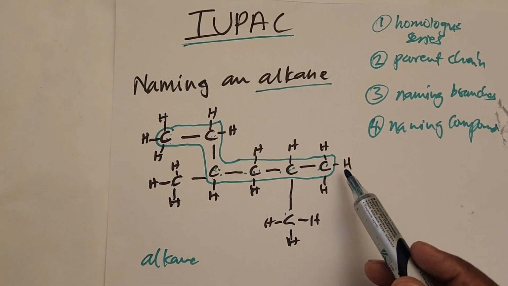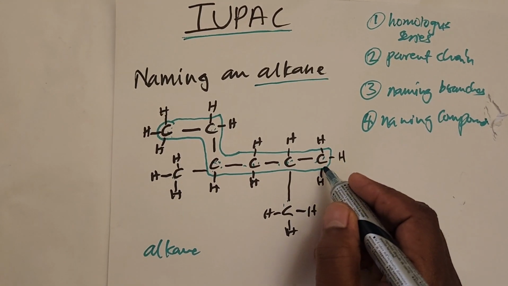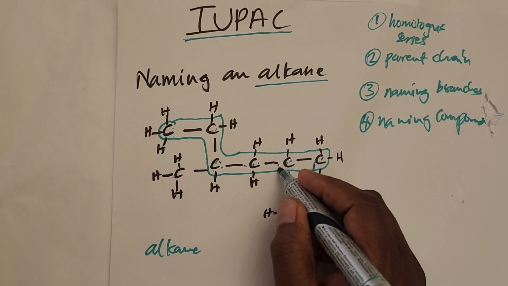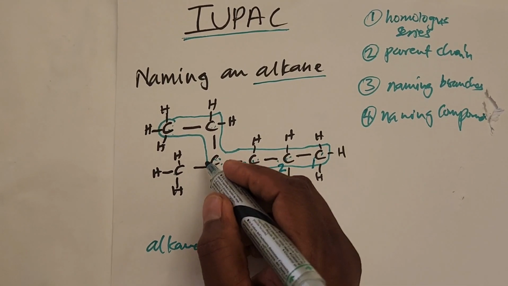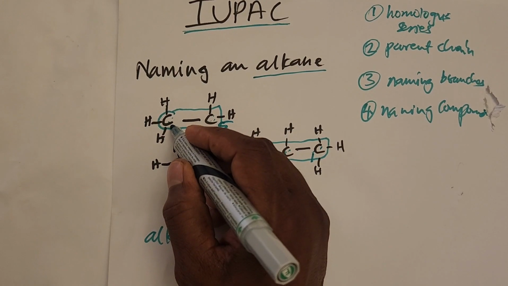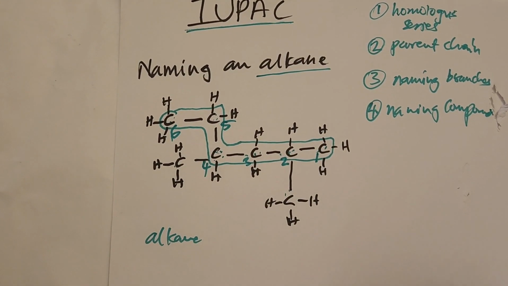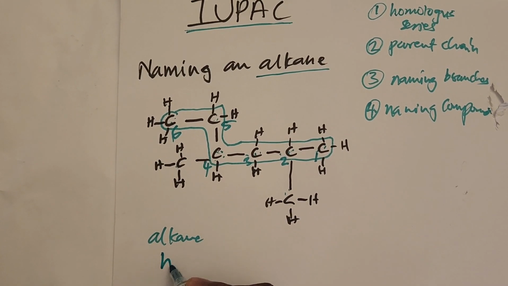If you start from the right, the first branch is at carbon number 2. Therefore carbon number 1 will be this one, 1 2 3 4 5 and 6. Now therefore the alkane with 6 carbon atoms, we know that is hexane.